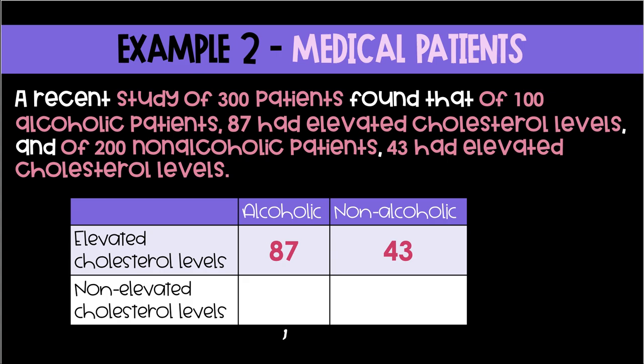Also, we're being told the total of alcoholic, which is 100, and the total of non-alcoholic, which is 200. Just by subtracting, we can find that we have 13 alcoholic patients that didn't have elevated cholesterol levels, and 157 non-alcoholic that did not have elevated cholesterol levels. Let's just keep in mind that we have 300 in total.